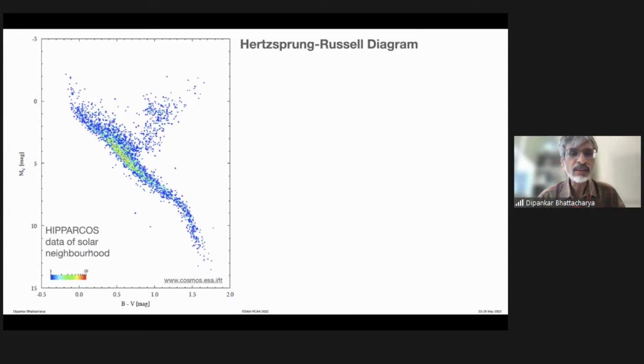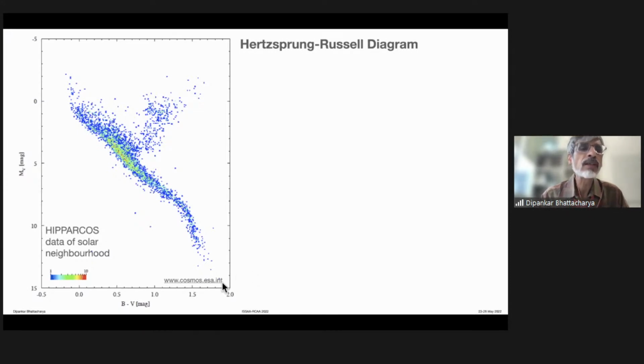Now, this brightness, if we can also measure the distance to these stars, can be converted to a measure of the actual amount of radiation leaving the surface of the star per second, which is called luminosity.